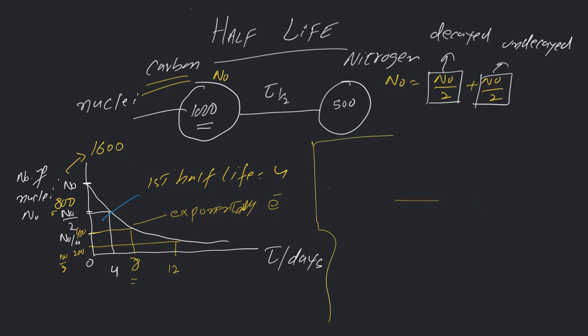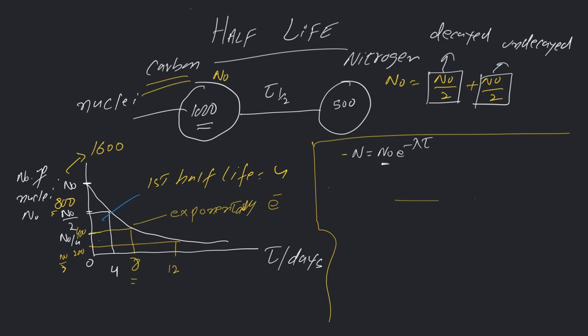Now in order to calculate the amount of the undecayed nuclei, we have to write this equation: N is equal to N naught e power minus lambda t. Here N naught is the total number of nuclei which were present in the beginning, and N is the number of undecayed nuclei.